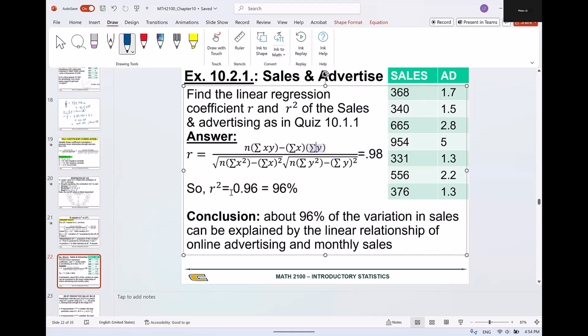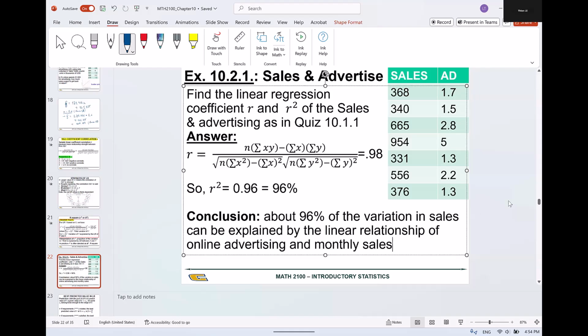And if you square it, you get 0.96, which is 96%. So in this case, you can conclude that about 96% of the variation in sales can be explained by the linear relationship of online advertising and monthly sale. So online advertising is a very good predictor to study the linear relationship between sale and online advertising.